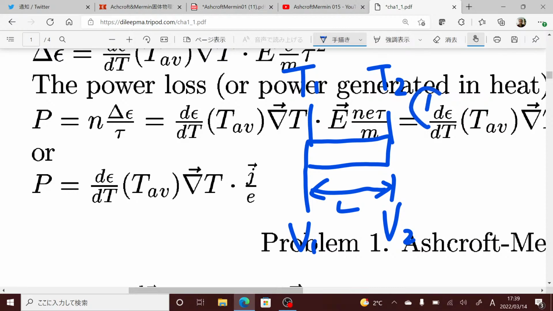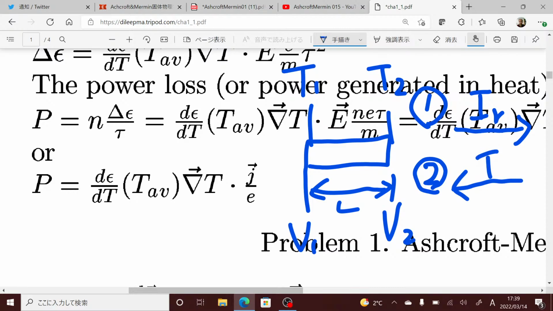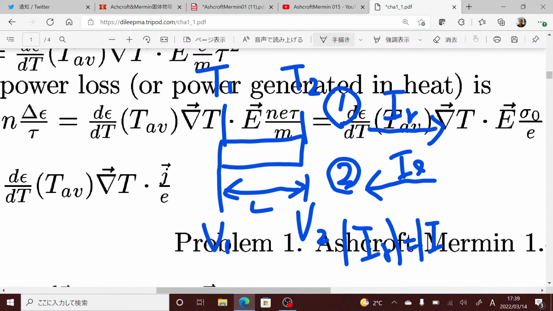First we consider passing electric current in this way, which we call I_R, and second we consider passing current in the other way, I_L. The magnitudes are the same: I_R equals I_L equals I.